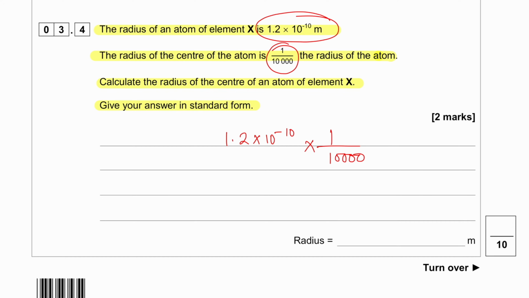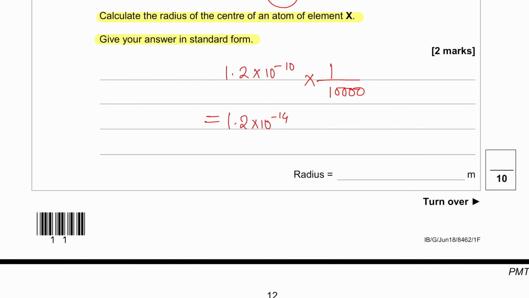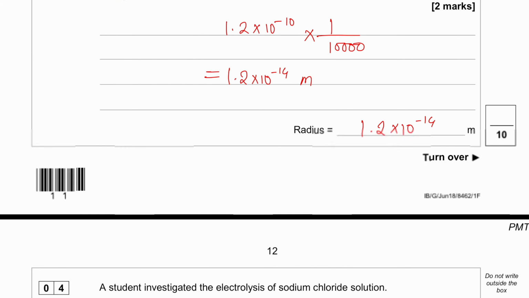Whatever the 1.2 times 10 to the power of minus 10 is, divided by 10,000. When we do that, our answer becomes 1.2 times 10 to the power of minus 14. Because we were dividing a quantity that was in meters, when we divide by 10,000 we still get the unit in meters. So 1.2 times 10 to the power of minus 14.